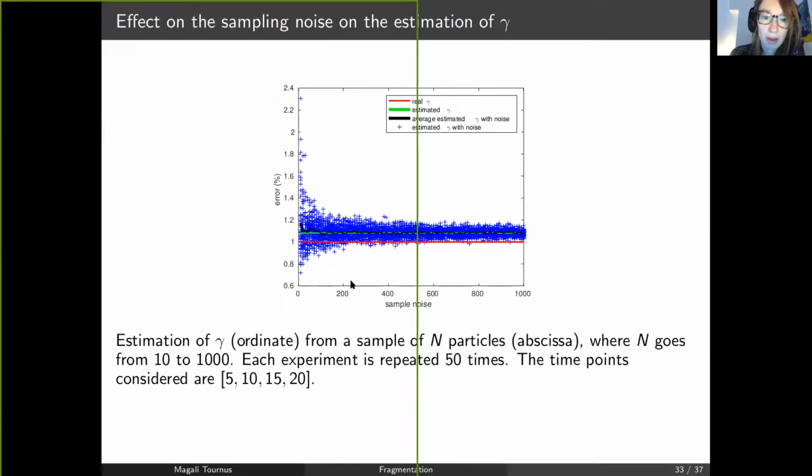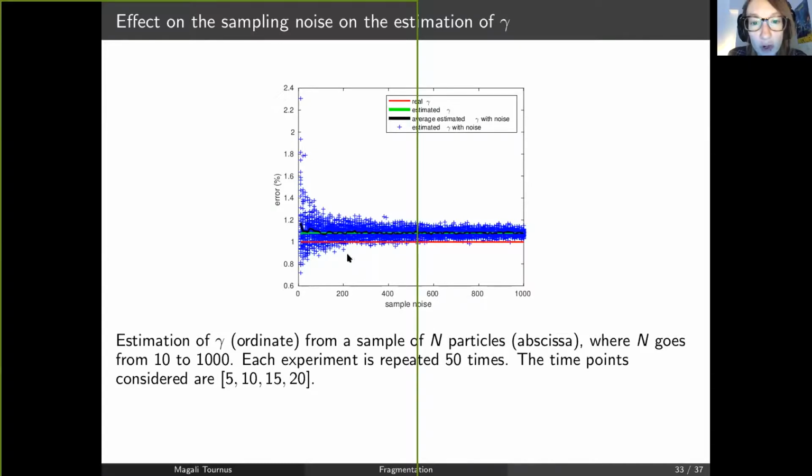Now, if I make a numerical experiment where I take a sample of 100 particles, and from these 100 particles I reconstruct the density, it will not be a precise reconstruction, but it will be some reconstruction.